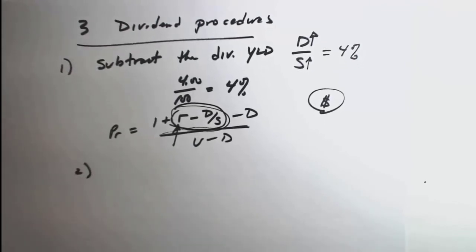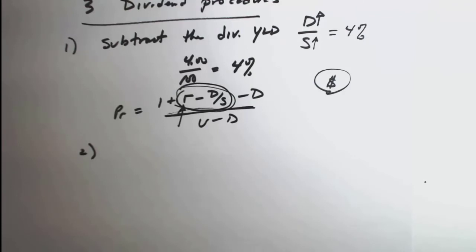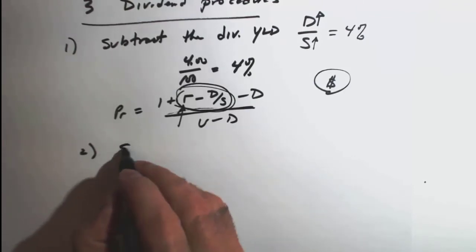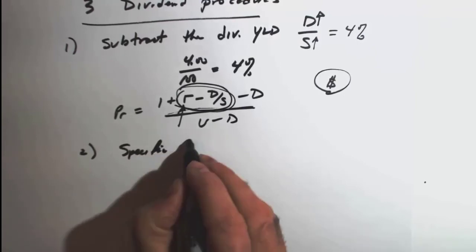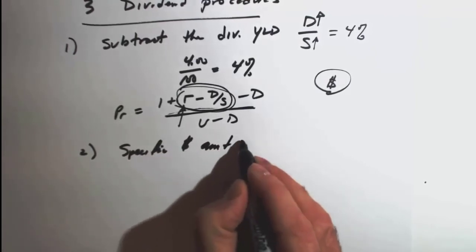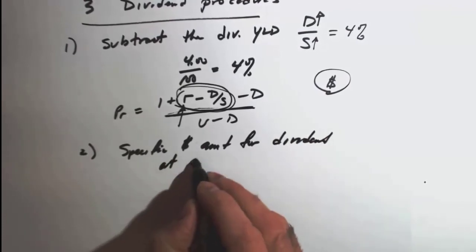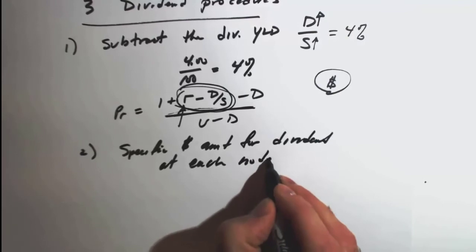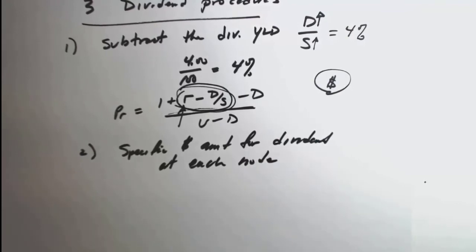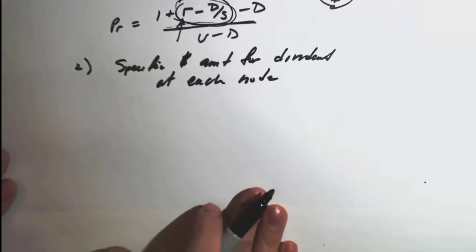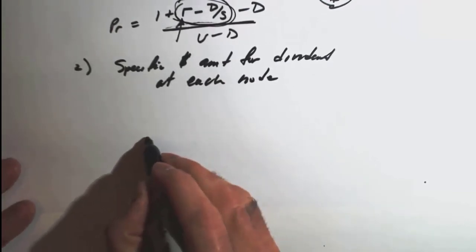The second method here is assume a specific dollar amount for the dividend at each node. Now this is okay, but the problem is it leads to a non-recombining tree, and so when you start doing more than a couple of steps, it becomes a hassle, and you need to be aware of that.